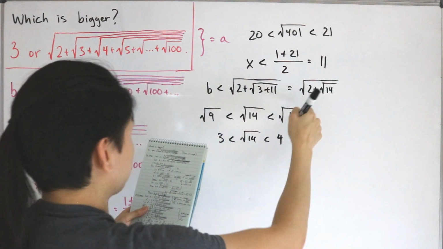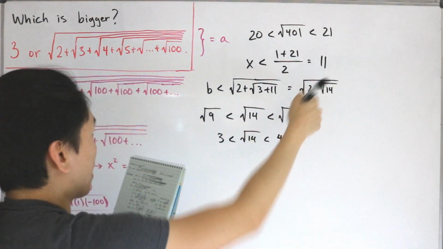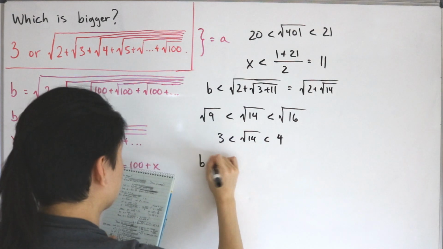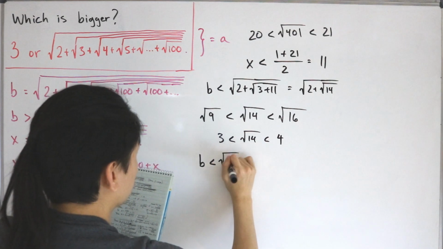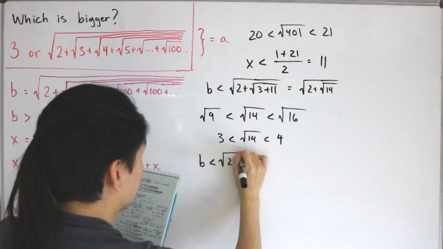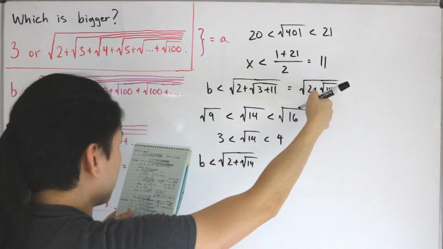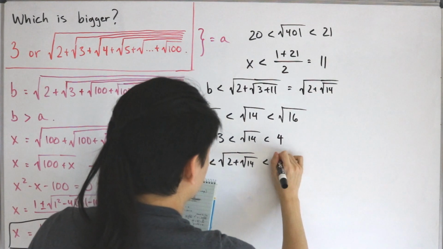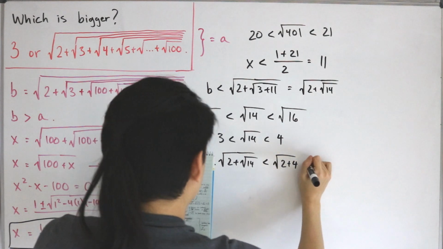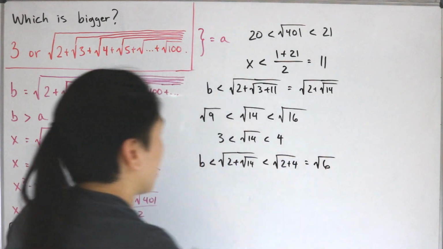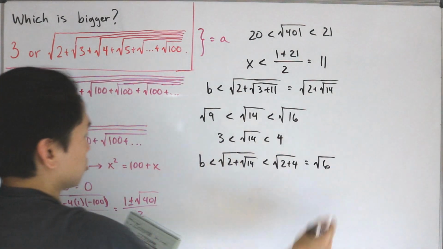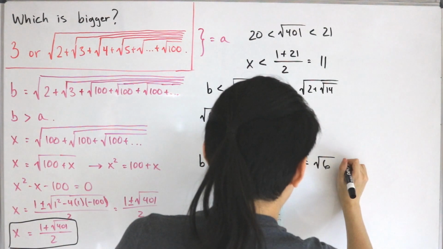If I put this back over here for the substitution of our bounds, now we have the comparison that b is strictly less than the square root of 2 plus the square root of 14. Just from before, I could say that this is strictly less than the square root of 2 plus 4, which is the square root of 6. And of course, we know that that's strictly less than the square root of 9, aka 3.